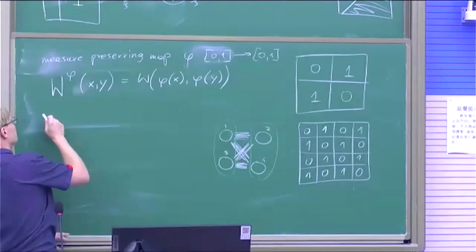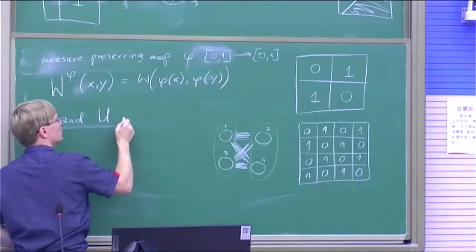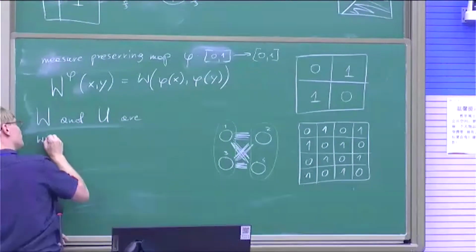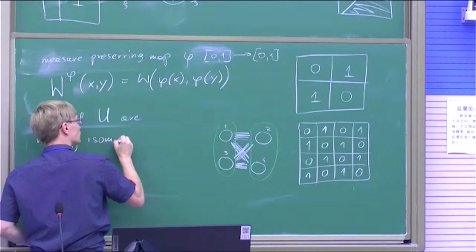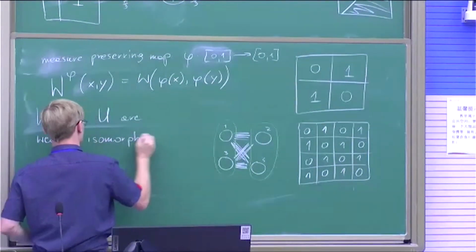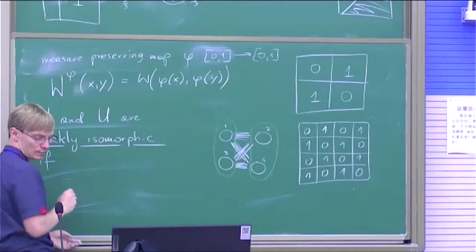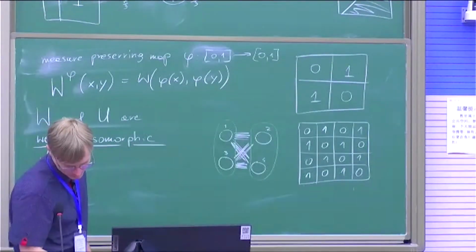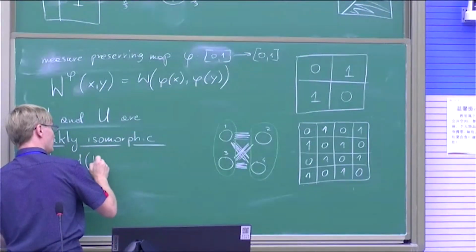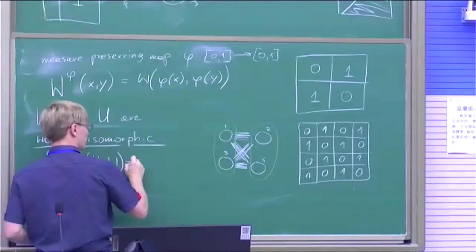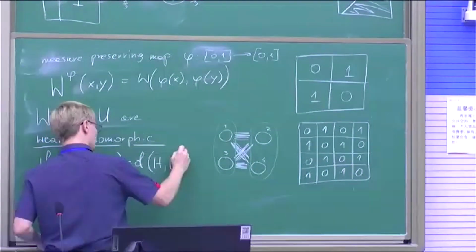So let me say that 2 graphons are weakly isomorphic if the density of any graph in one graphon is the same as the density of this graph in the other graphon.